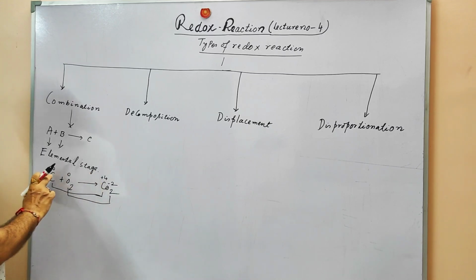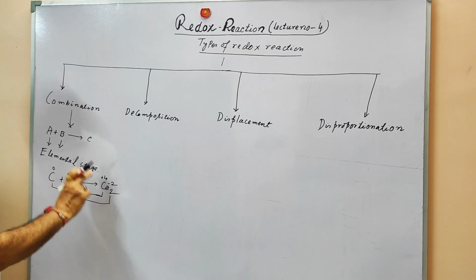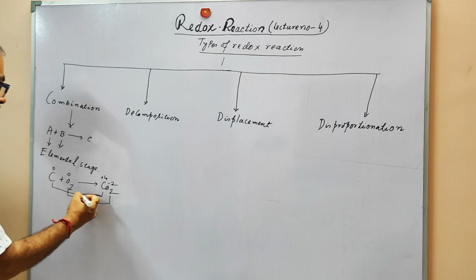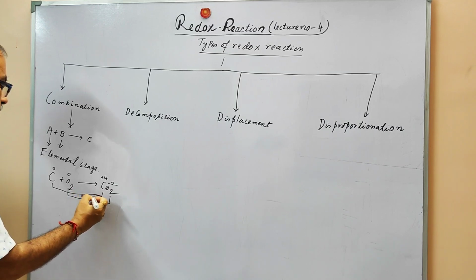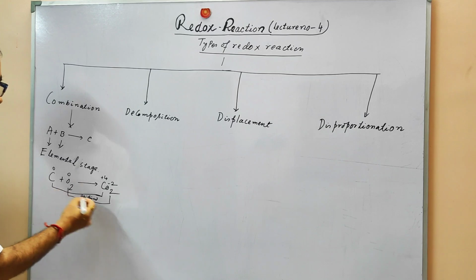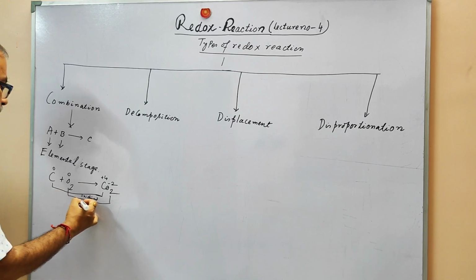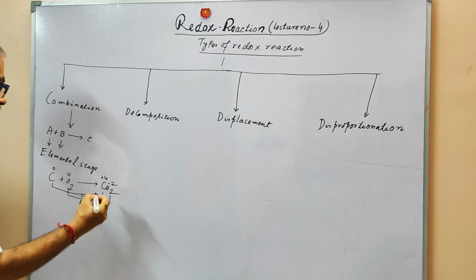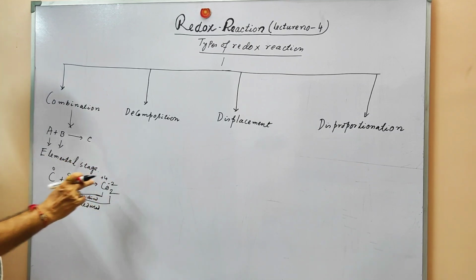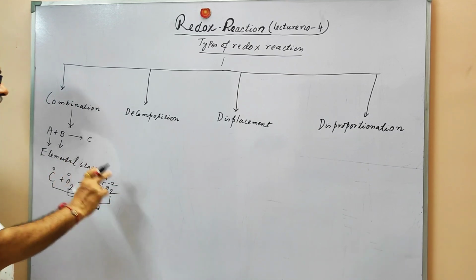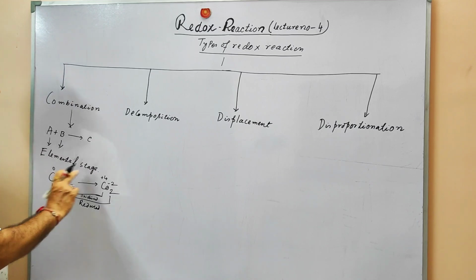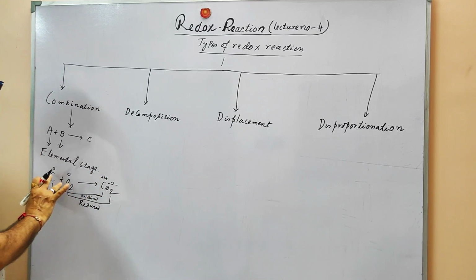So here carbon is oxidized, and the oxygen is reduced because its oxidation number is decreasing. And here it is a combination reaction because both are in the elemental stage.